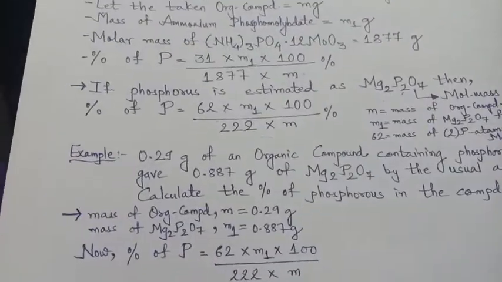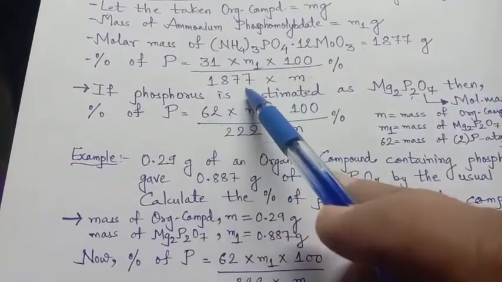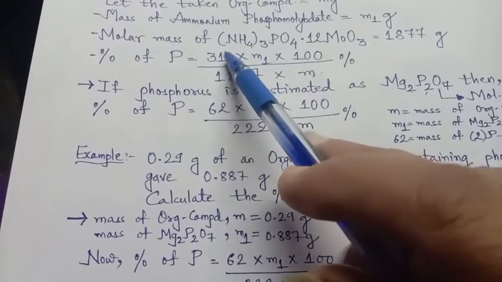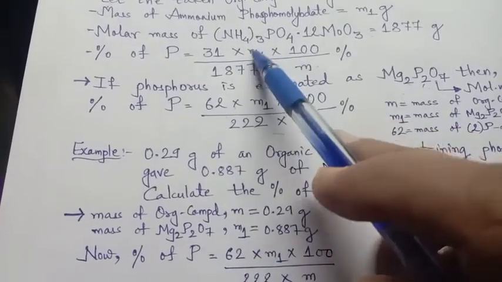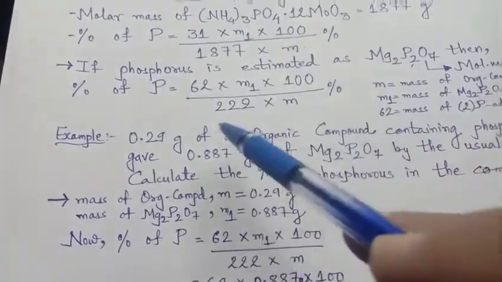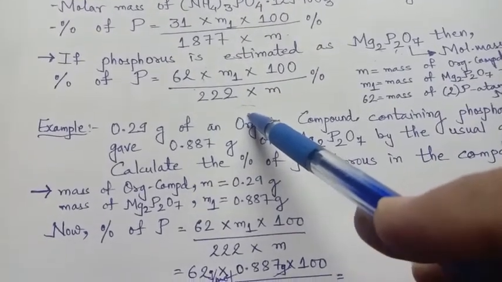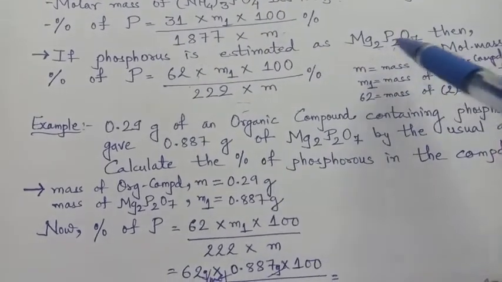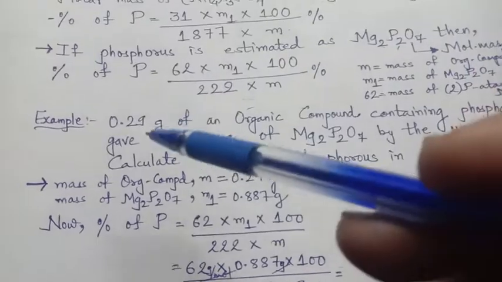So you see the difference: 1877 is the molecular mass of ammonium phosphomolybdate, and 222 is the molecular mass of magnesium pyrophosphate.